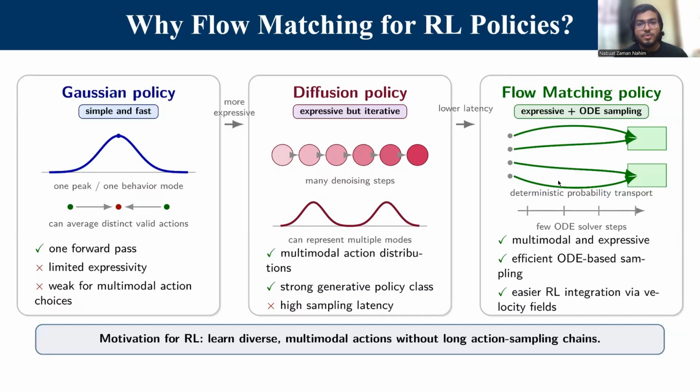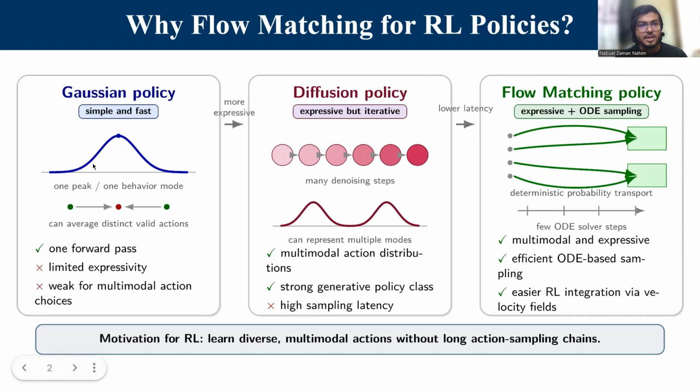So let's start with why flow matching is so prominent in reinforcement learning. So in simple words, it bridges a critical gap between classical policies and generative policies as we show here. So traditional Gaussian policies are convenient computationally, making them simple and fast because they only need a single forward pass.